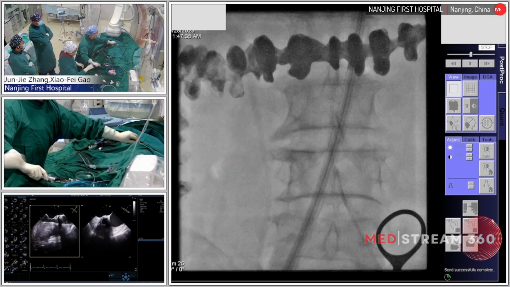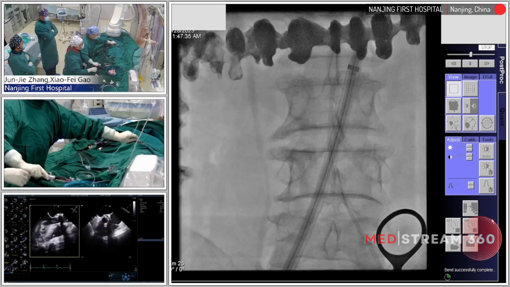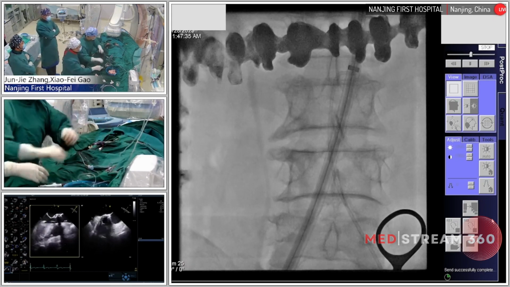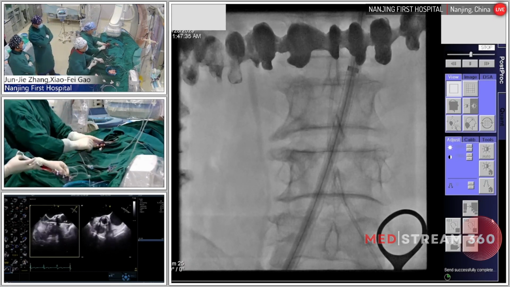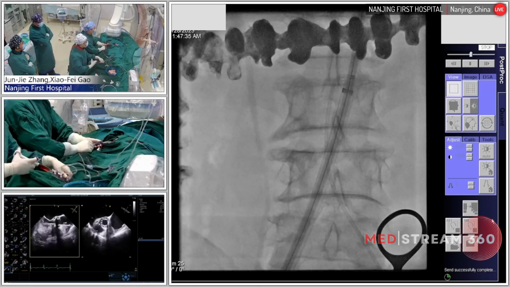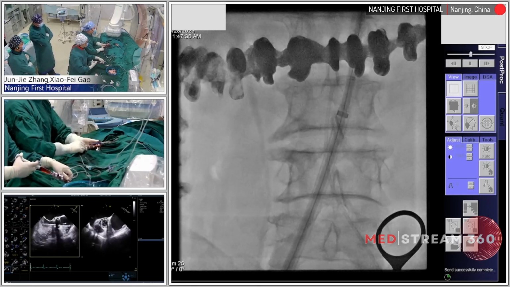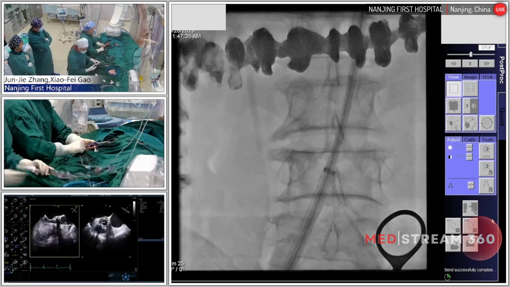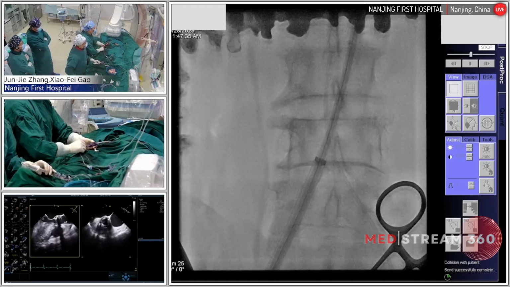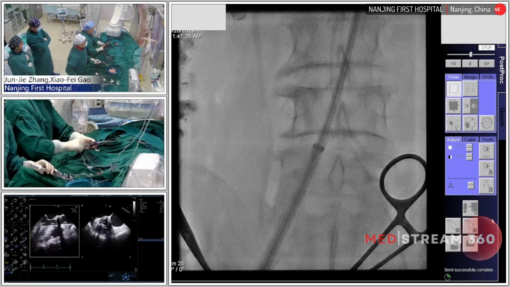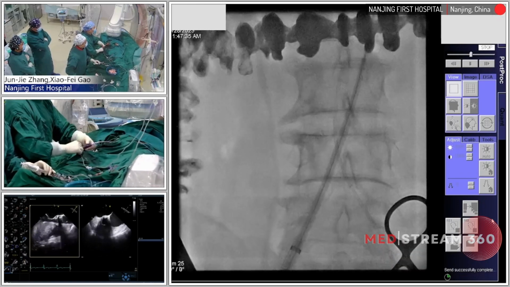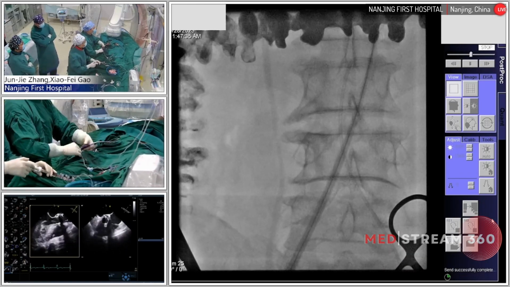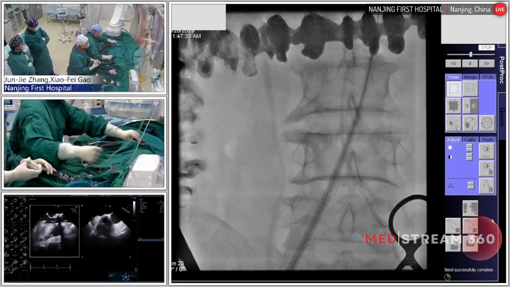Although there is severe narrowing, there is no severe calcification. So we anticipate we will successfully achieve gradual dilation. We will use a 6 millimeter balloon to dilate first. If the balloon is fully dilatable, I think we can successfully insert the 14 French sheath.